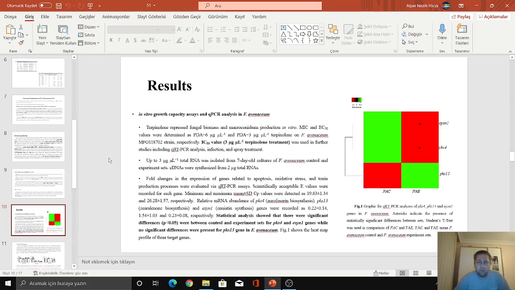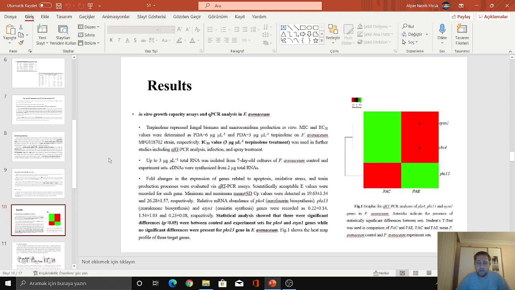The EC50 value was recorded as 3 microgram per milliliter terpinolene treatment, and in gene expression assays high quality and quantity of total RNA molecules were extracted, then they were used in gene expression assays, and we see no significant differences for the xenon synthesis related gene.